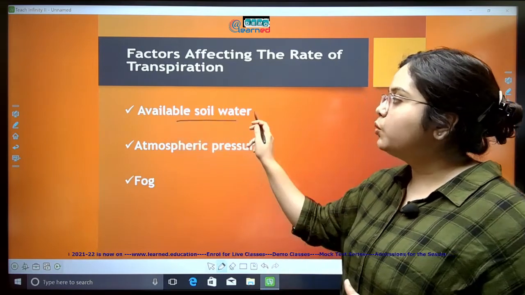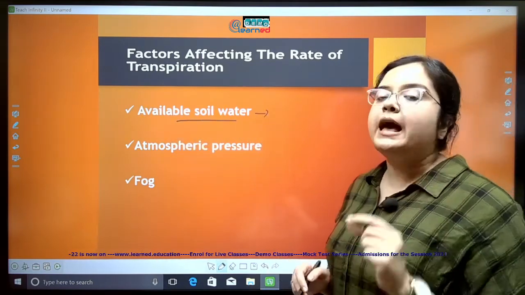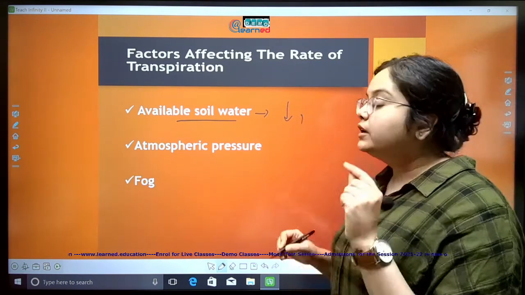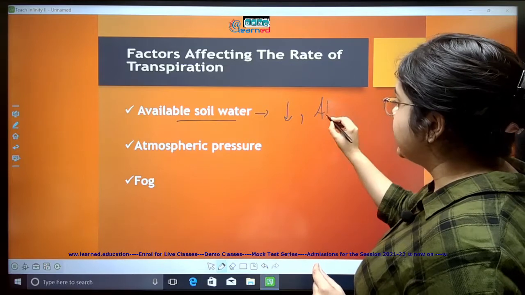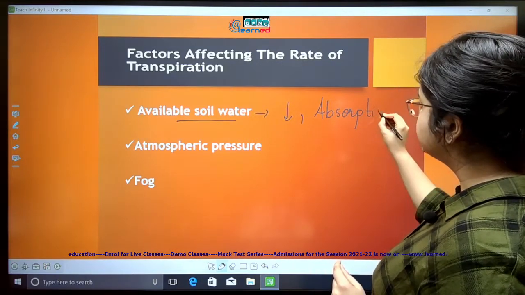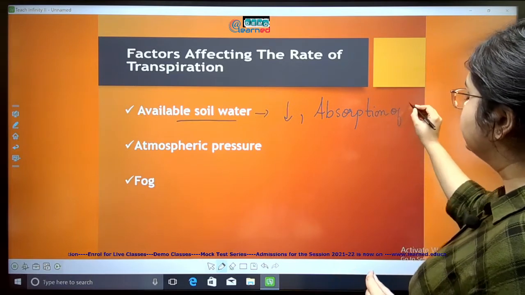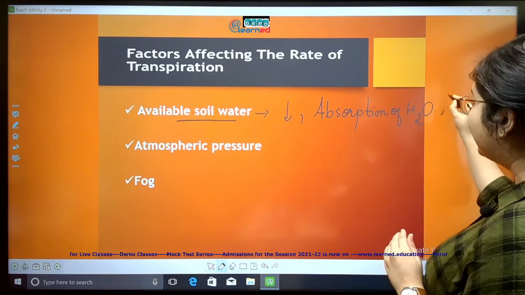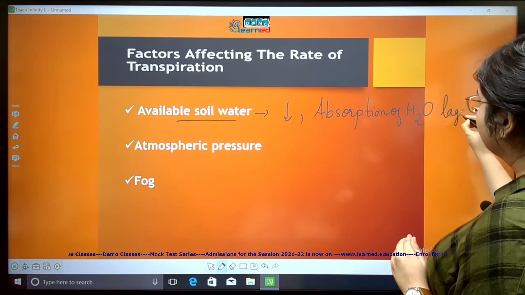Availability of soil water. If the soil water availability is less, or the absorption of water by the roots, I am writing H2O, absorption is lagging, then what will happen?